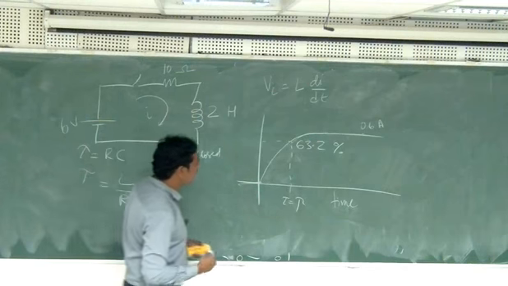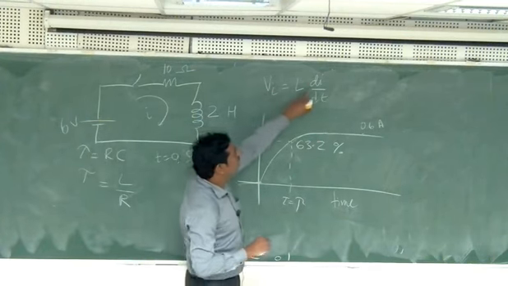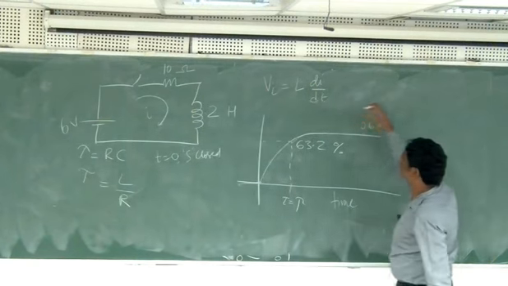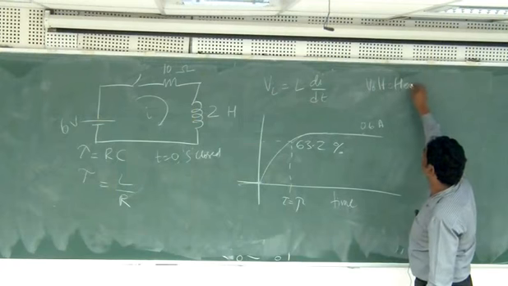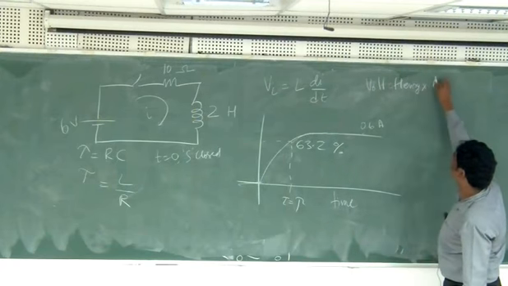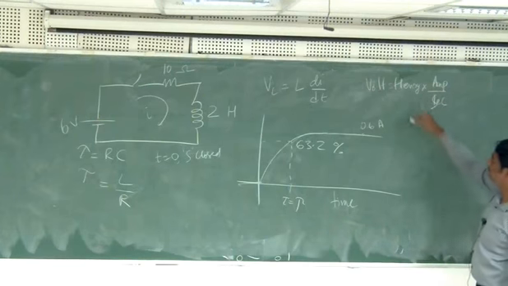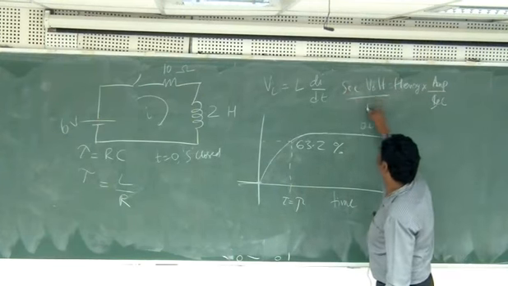Now the units we were talking about. Here the unit is volts. Here the unit is amperes by time. This is henries. So volt equals Henry into ampere by time, seconds. So what is Henry? Volt into second by ampere.